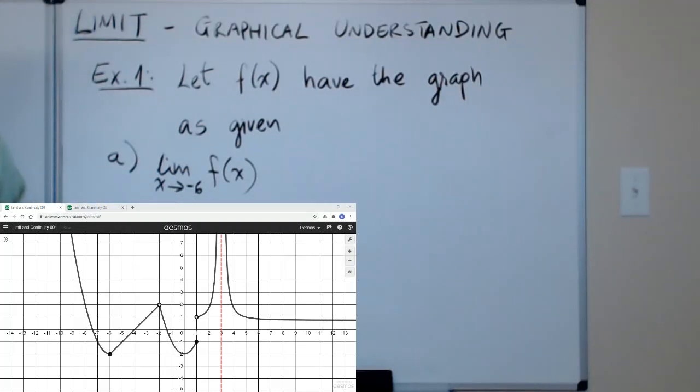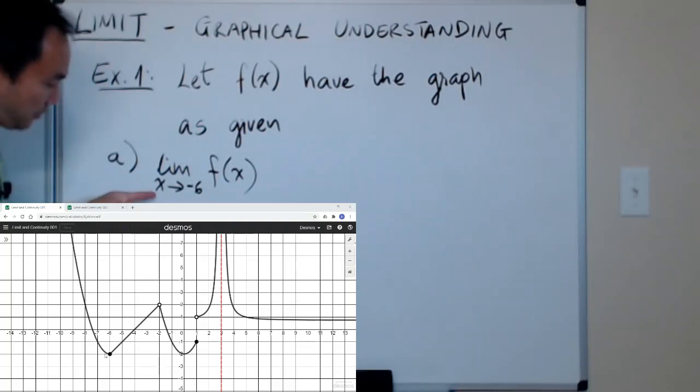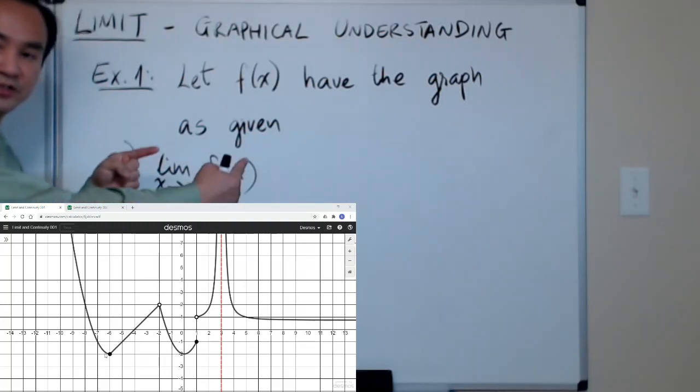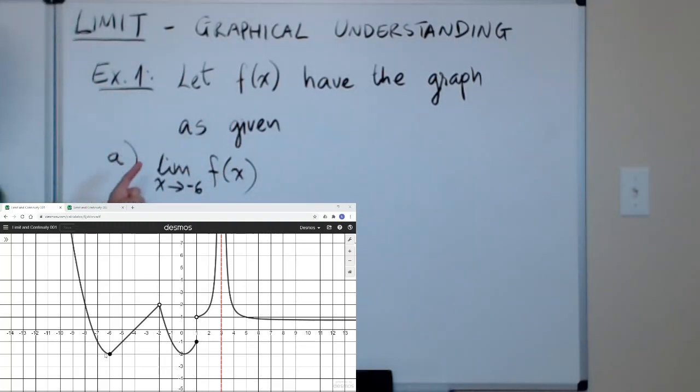And let's look on the graph right here. -6 on the x-axis is right here. But then the problem wants us to get close to -6 on the x-axis generally from both sides. So once again, it is our responsibility to first consider the limit from the left-hand side, and then consider the limit from the right-hand side of -6.